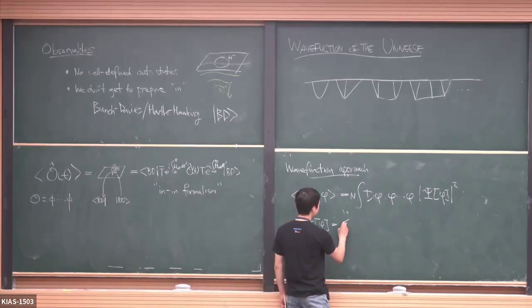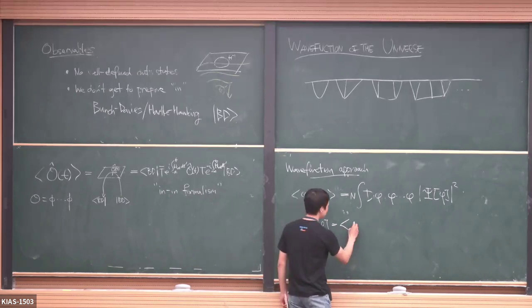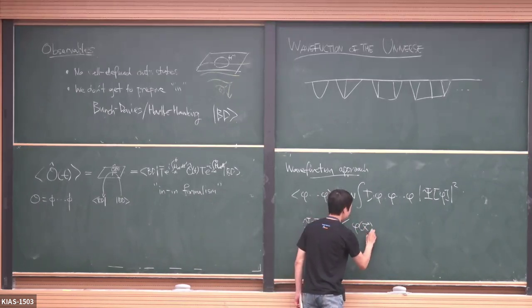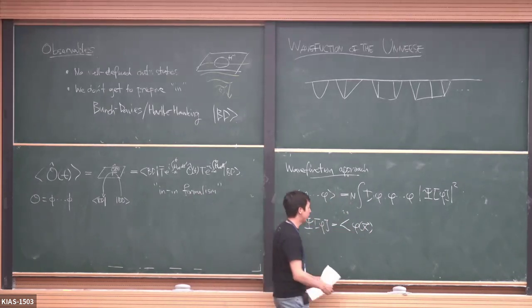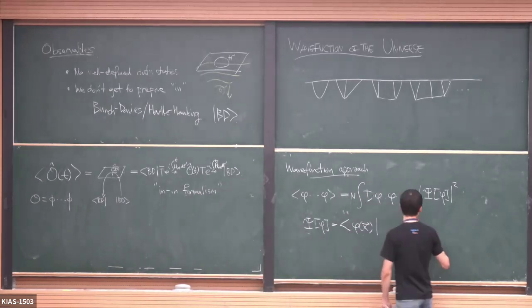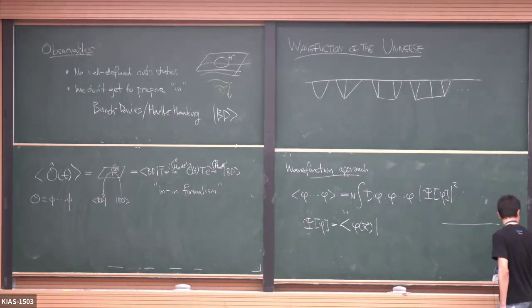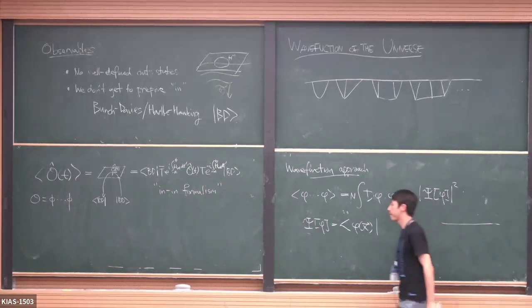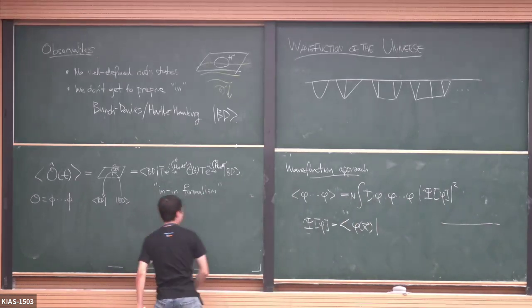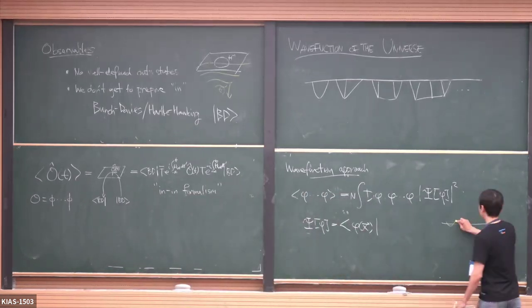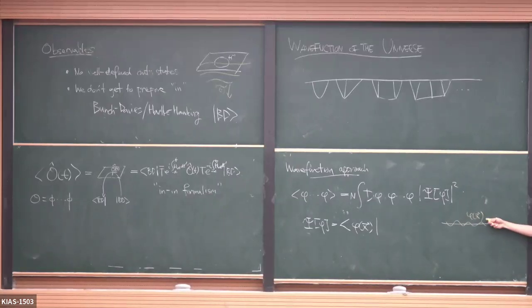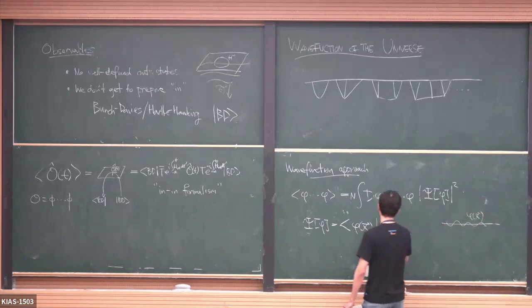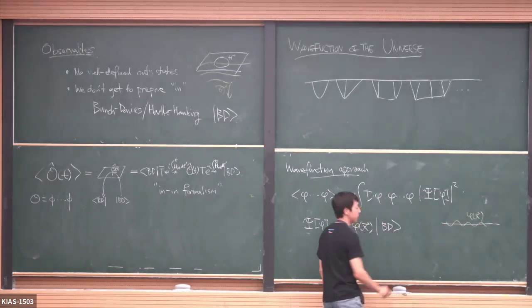And this is defined to be the overlap between some particular field eigenstate that gives some configuration with some particular field profile phi of x at some late time surface, and this initial state.